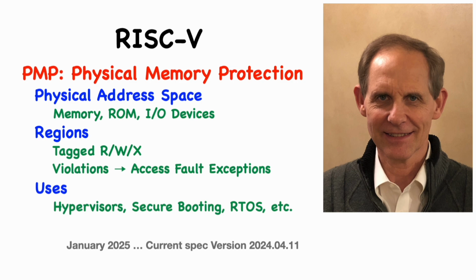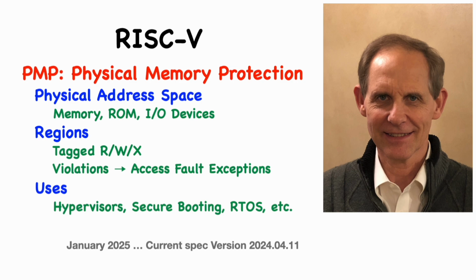The kernel and any other code running at the supervisor or user mode privilege level is checked, and any violations will cause access fault exceptions. The system might be used by a hypervisor running in machine mode to host multiple guest operating systems simultaneously, each running in supervisor mode.